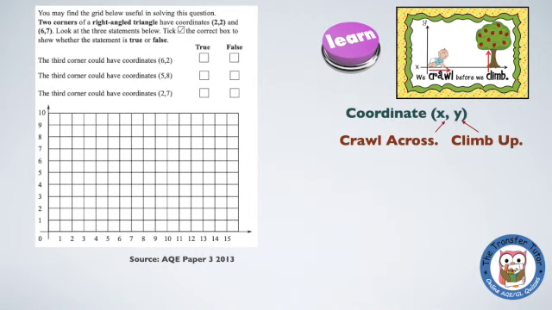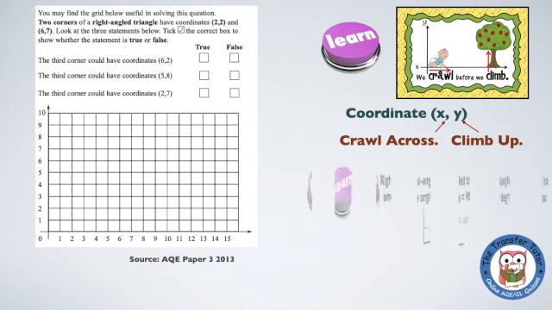So when you have coordinates 6, 2, you go across 6 before you go up. So the x is across first and then up. Once you have that, you'll have this mastered.